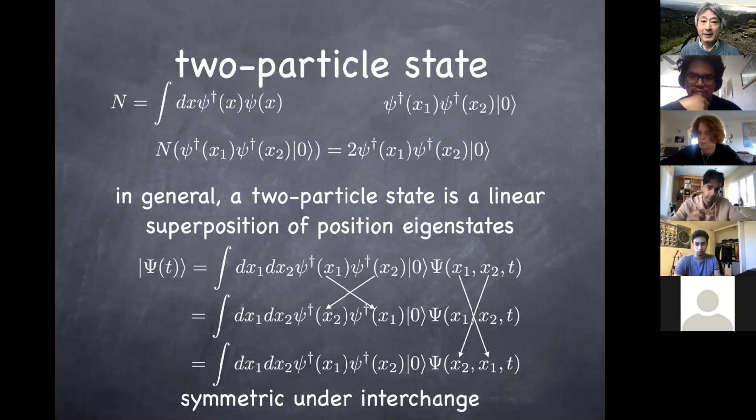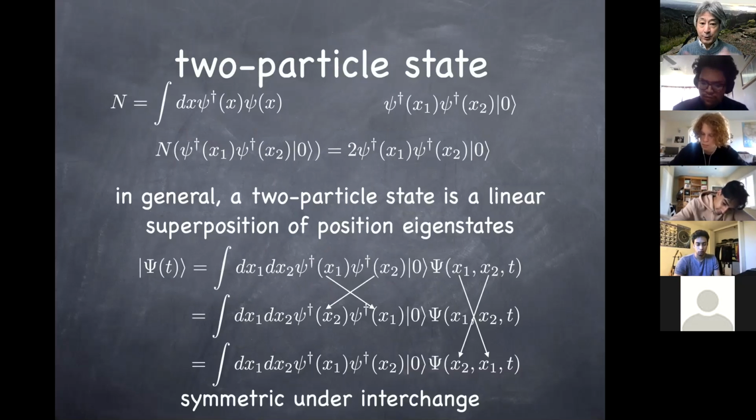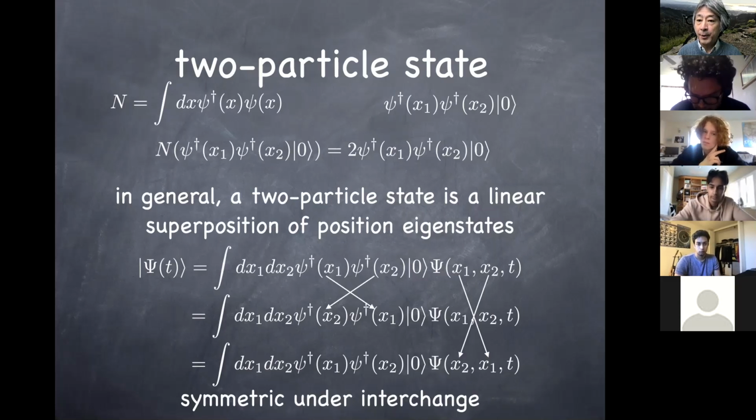Good. Then now we would like to make sure that this weird field, which anti-commutes with itself, really does describe the multi-particle quantum mechanics of identical fermions. So this is a slide we used already a while ago, where you verified that this two-particle state created by acting field operators twice on the vacuum state, because one psi dagger creates a particle at position x1, another psi dagger creates a particle at position x2.